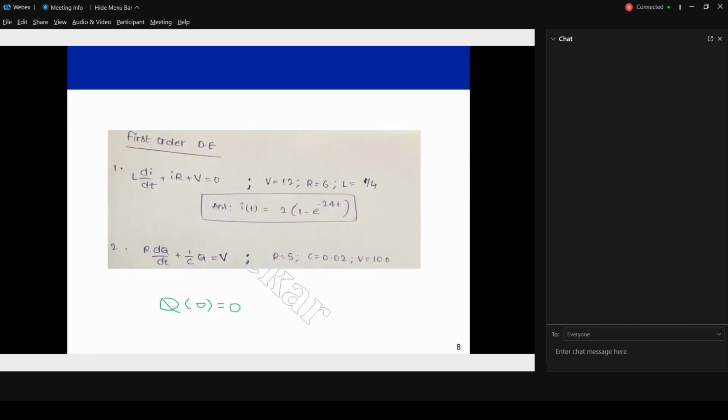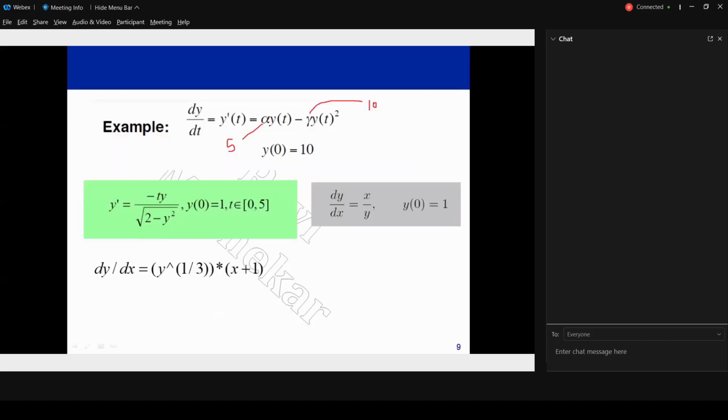I hope that you solved those differential equations. Now here is another example of another equation. Let's solve this differential equation. So dy by dt is equal to, and you know that dy by dt can be written as y dash.